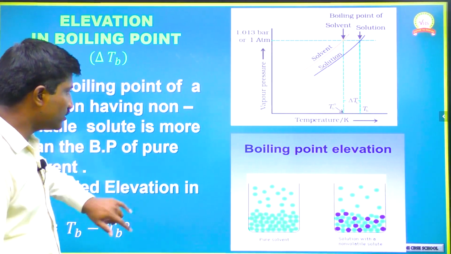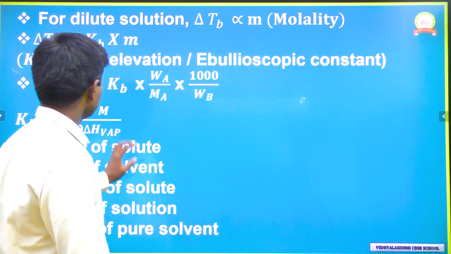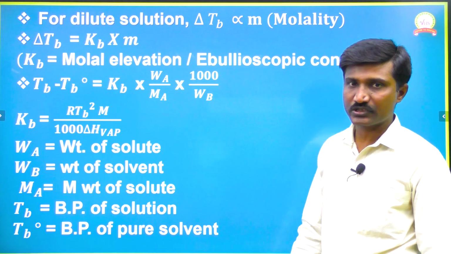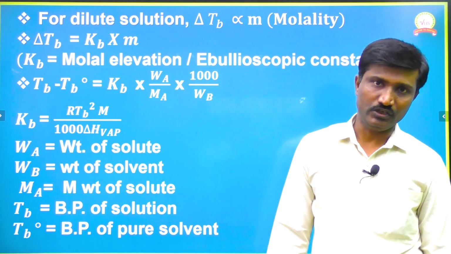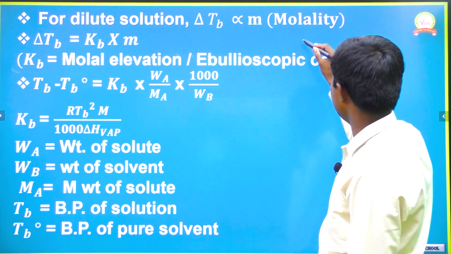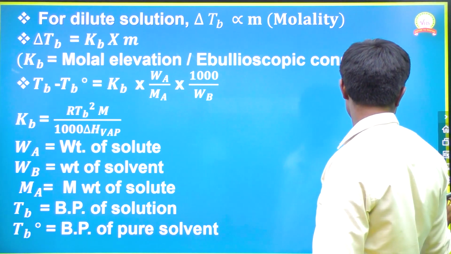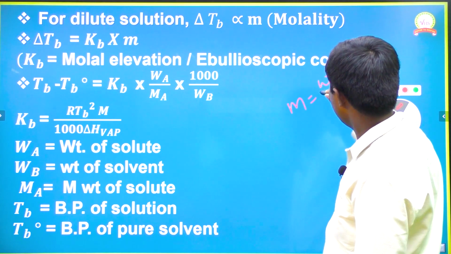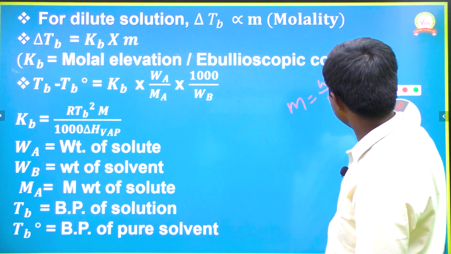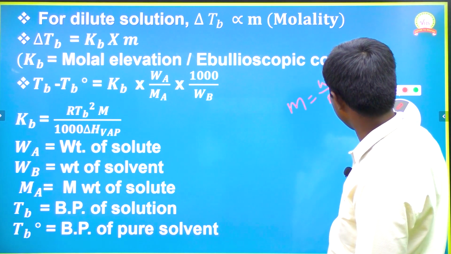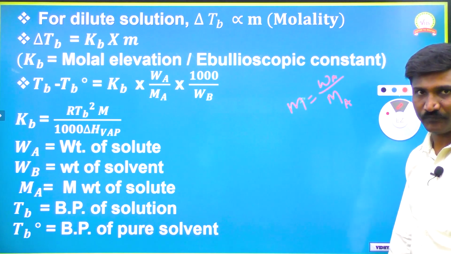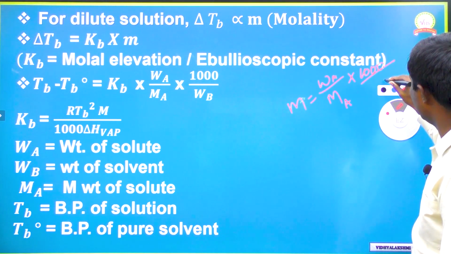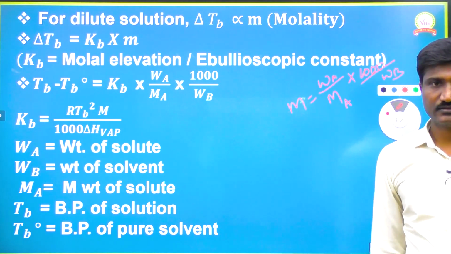For a dilute solution, the elevation in boiling point is directly proportional to the molality of the solution. According to the definition of molality, we can write the formula as m equals weight of solute by molecular weight of solute, that is MA, taking the solute as A, into 1000 by weight of solvent.